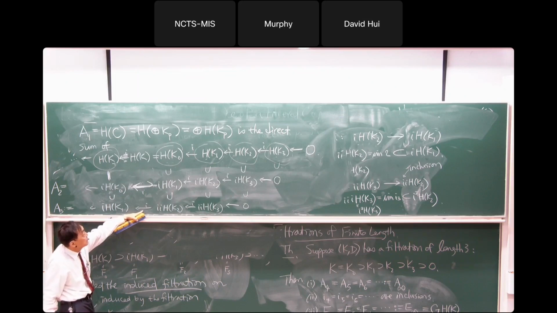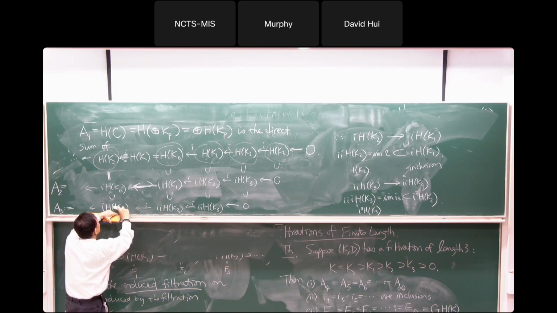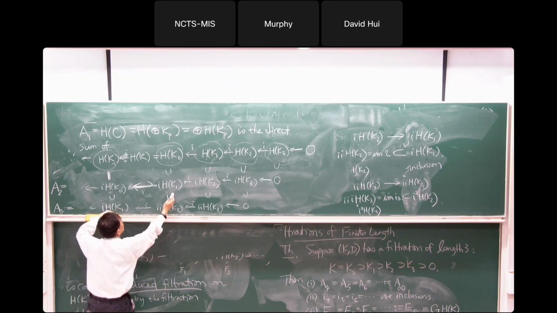Remember, you have a commutative diagram here. So this map, followed by this, goes in here, right? It's the same as this going this way.